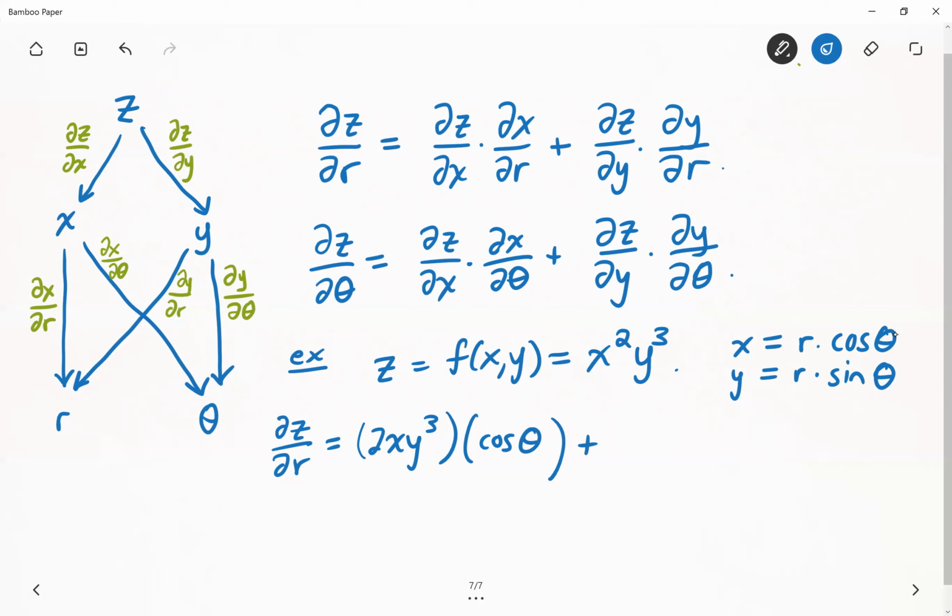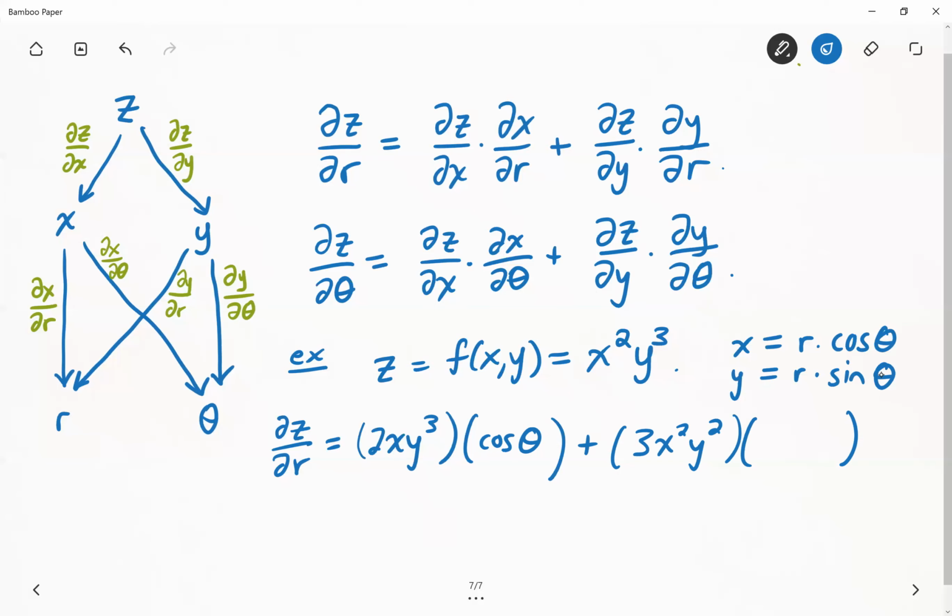Plus, the second part of our formula now, dz dy times dy dr. See, the derivative of this with respect to y is 3x squared y squared times dy dr. For similar reasoning here, r is a variable, so theta is a constant, sine theta is a constant.